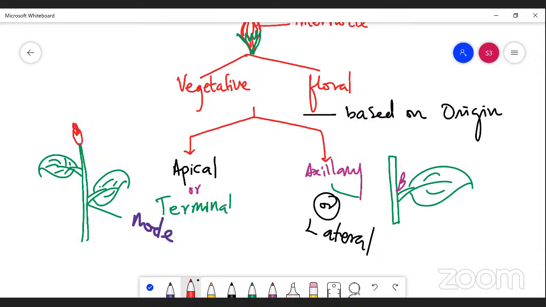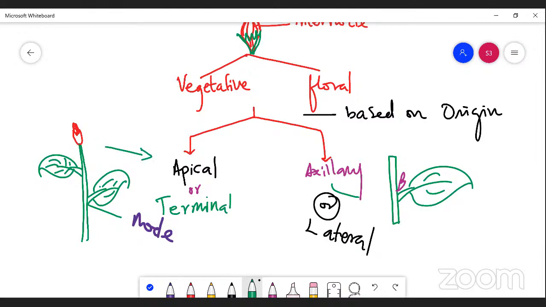I'm talking about the apical bud or terminal bud, which arises from the growing point of the shoot. Or simply I can say the terminal buds are present in the growing point of the stem or shoot system. It is called an apical bud or terminal bud.